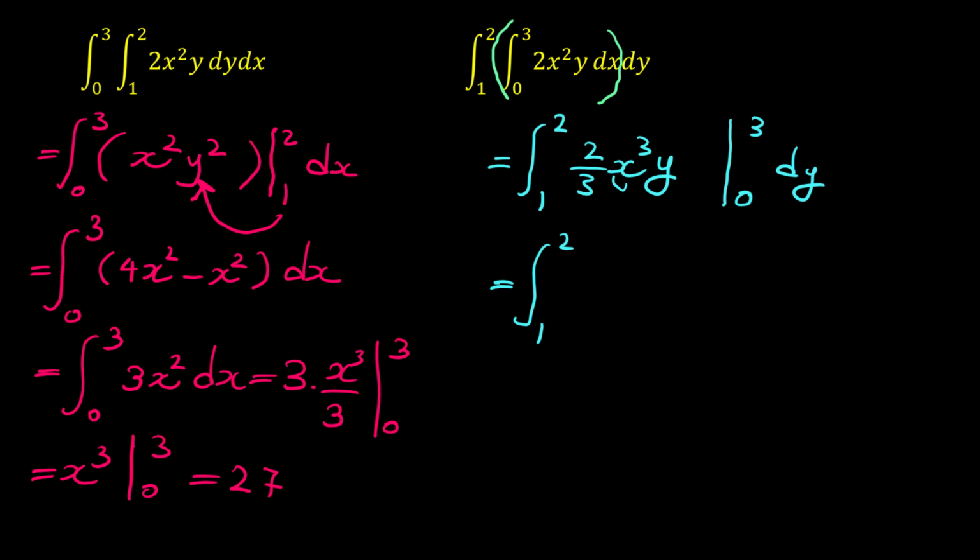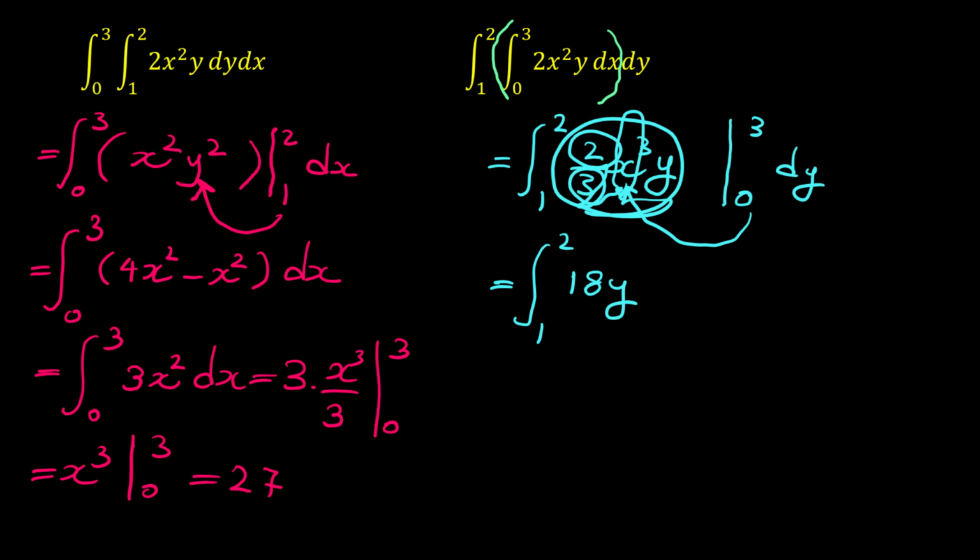When we plug in 3, 3 to the 3 is 27. 27 divided by 3 is 9. 9 times 2 is 18. So we have 18y. If we plug in 0 for x, this would be 0. So we only have 18y dy.